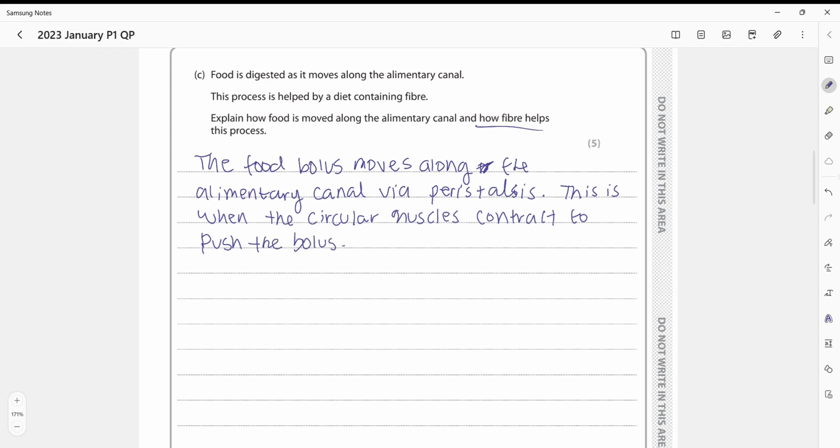So then we have to talk about how the fiber helps, right? So the fiber. Another thing to note is that the fiber does not get broken down, so it's able to absorb all this water. So the fiber does not get broken down.